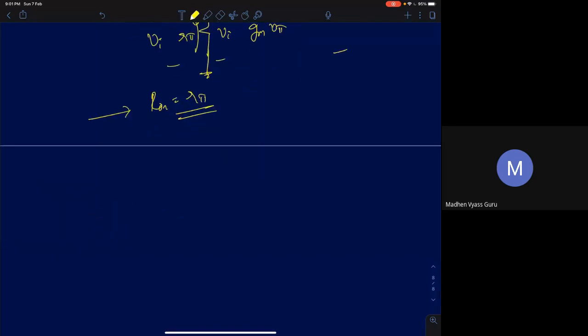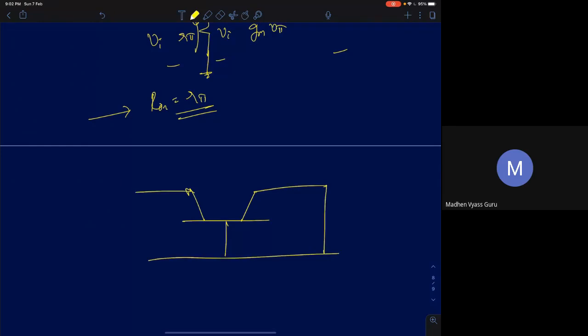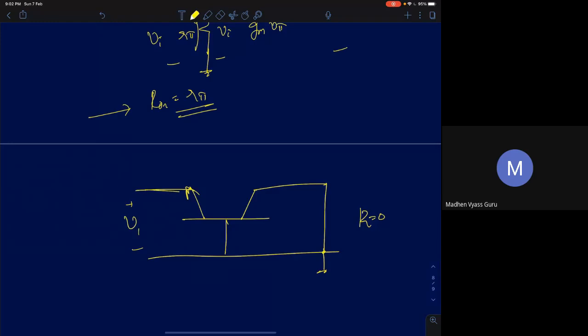Now let me short circuit RL, so I'll make RL as 0. I'm applying a voltage Vi. Now what do you think will be the input resistance? See, this is also Vi, because if this is at AC ground, this node is at AC ground.